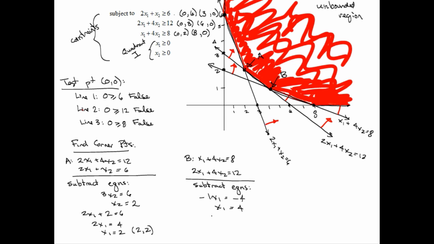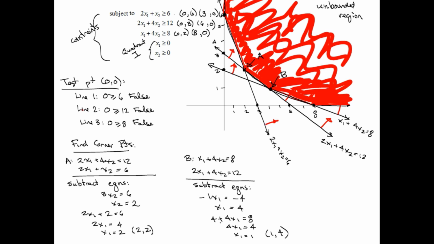Put that into one of your equations. So 4 plus 4x2 is equal to 8. Subtract 4 from both sides. And so then x2 is 1. And so that gives me the point 1, 4. We want to look at our graph to see if that makes any sense. And it doesn't, because I got my variables mixed up. Do you see that?